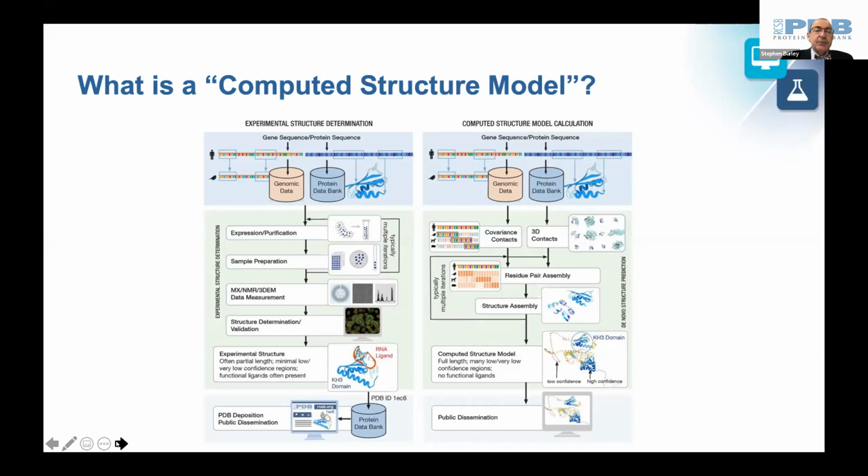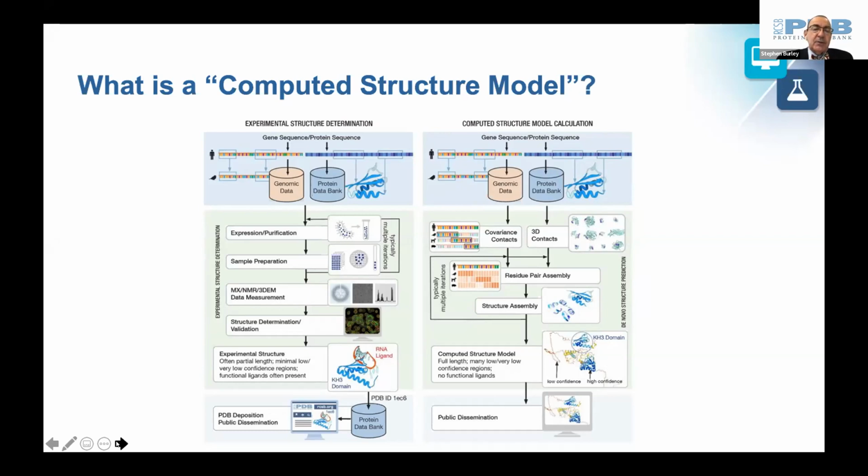So on the left of this graphic, which came from our New England Journal of Medicine paper that was published late last year, we contrast the workflows for experimental structural studies and computed structure model calculation. Both approaches make extensive use of genomic data and the 3D structural data that's stored in the Protein Data Bank.